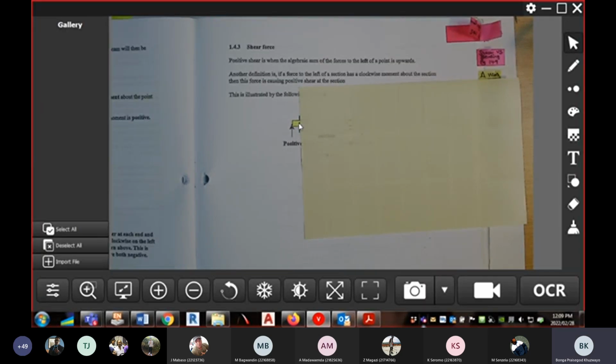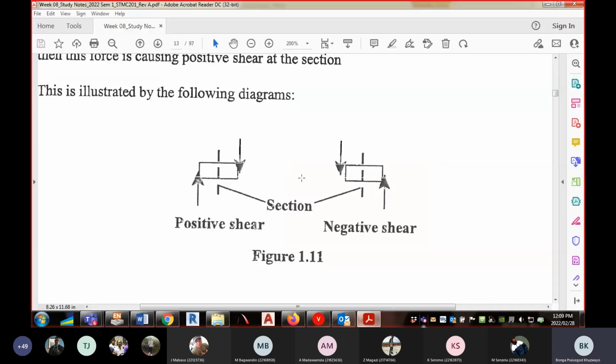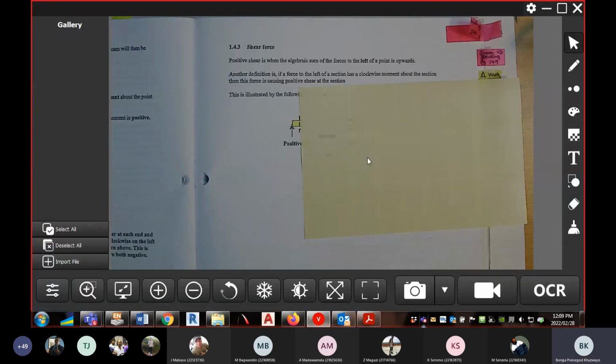That's where we're cutting the beam, or where you're considering the section. If the algebraic sum of all these forces is going up, that's taken as positive shear. This is basically what you need to understand.